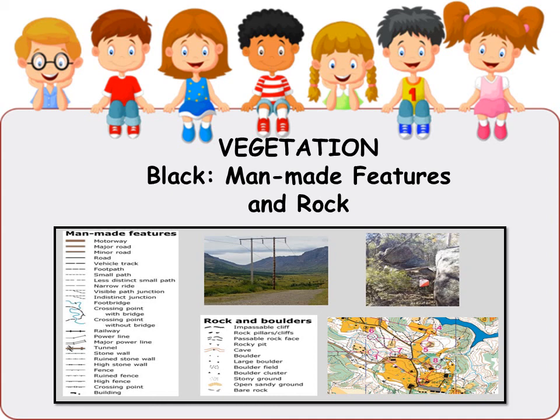Examples of man-made features are motorway, major road, minor road, vehicle track, footpath, small path, less distinct small path, narrow ride, invisible path junction, indistinct junction, footbridge, crossing point with bridge, crossing point without bridge, railway, power line, major power line, tunnel, stone wall, ruined stone wall, high stone wall, fence, ruined fence, high fence, crossing point, and building.